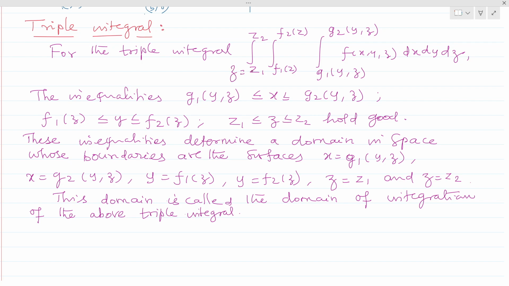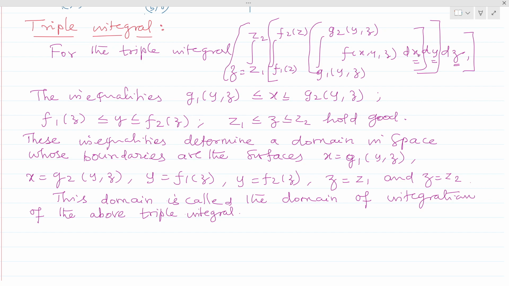The outermost integration is z, the middle integration is y, and the inner integration is x, is it not? So it is the inner integral, it is the middle integral, and it is the outermost integration with respect to z.